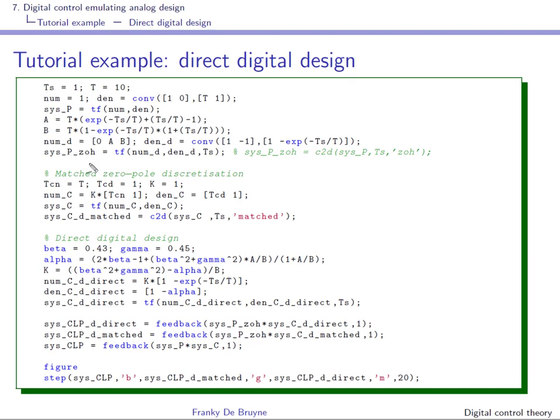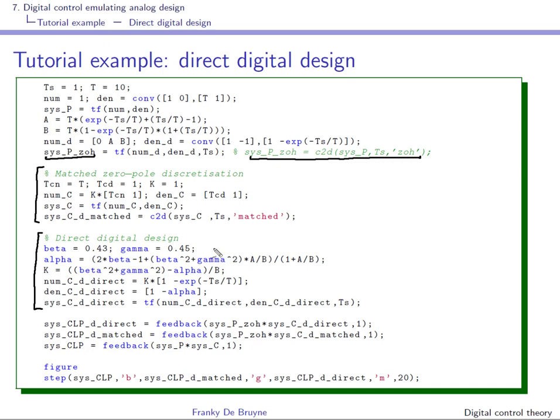So here we have the zero order hold equivalent of our original system. This time we have used the expressions that we have found by hand calculations. Equivalently, we could have used the C2D command. This is the matched zero pole discretization that we had obtained previously, and now we're going to compare it with a direct digital design.